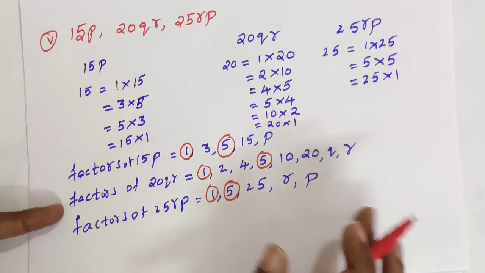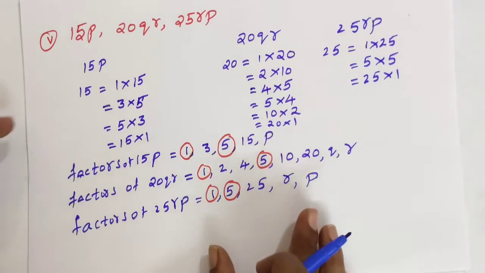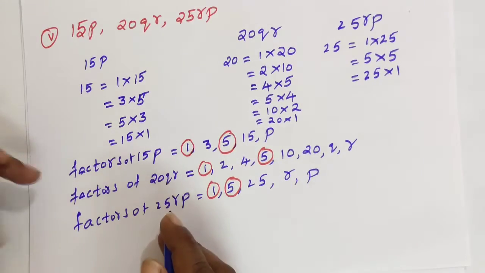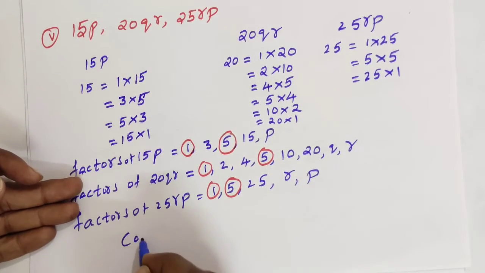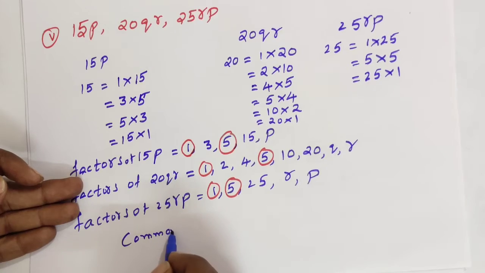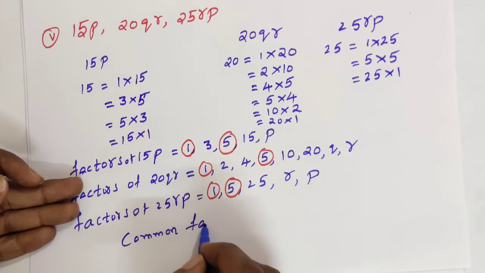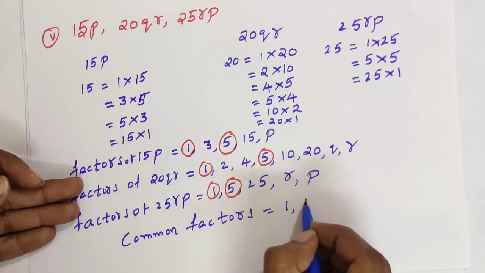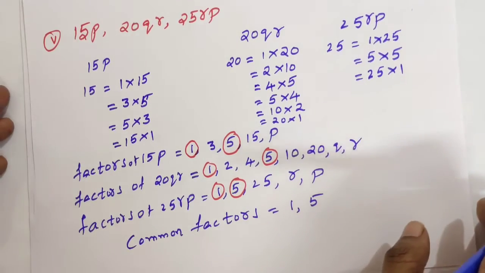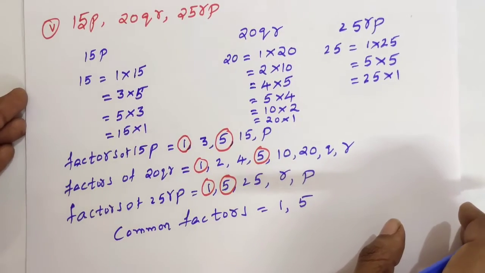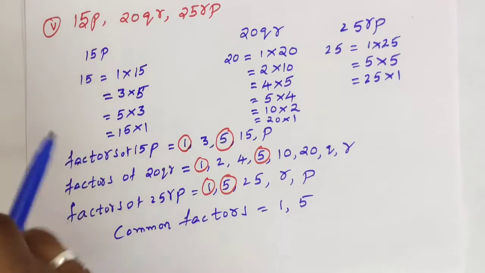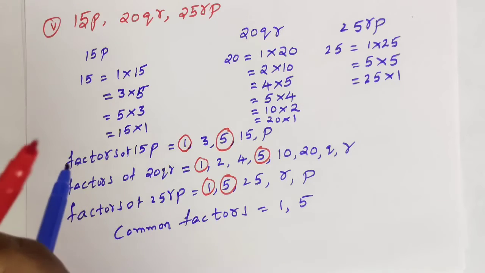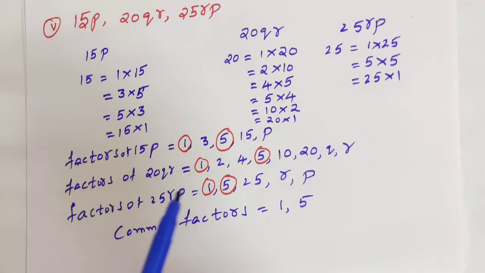Okay children, so the common factors are simply 1 and 5, that are rounded. So like this you can find the common factors of given terms.